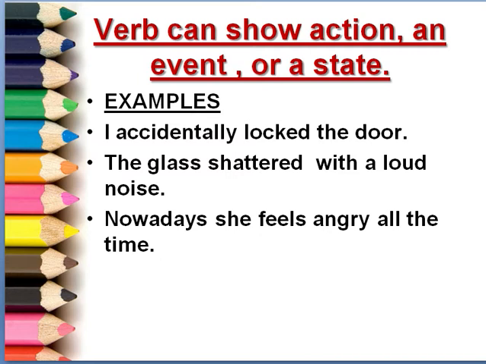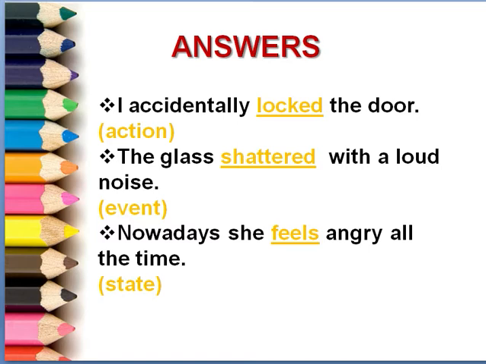Now, what are the verbs here? Let's see the next slide. Here we can see that the word locked shows an action. Shattered shows an event that happened. And feels shows a state of someone. So let's move further.